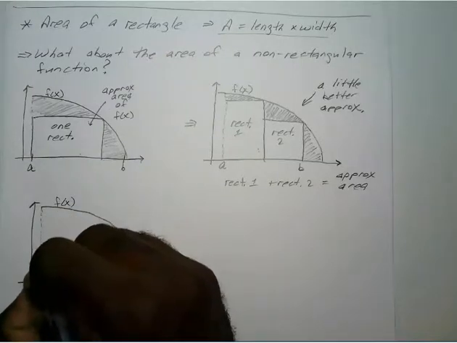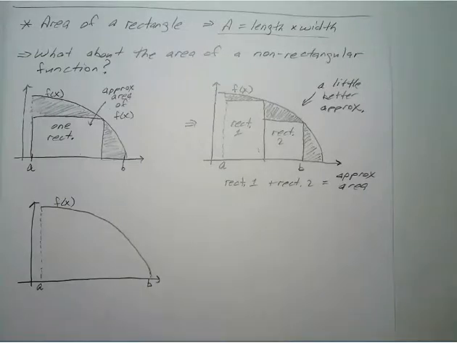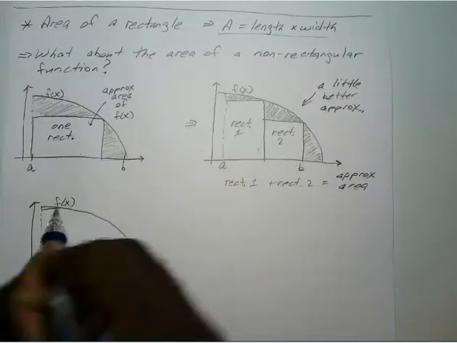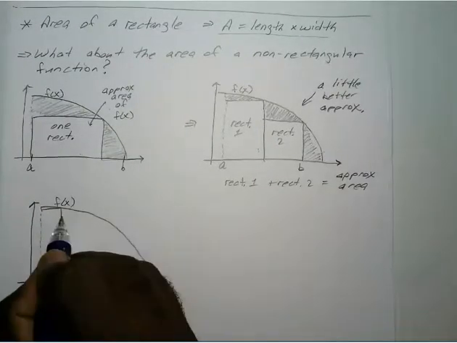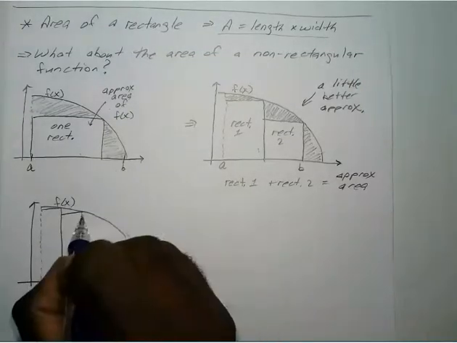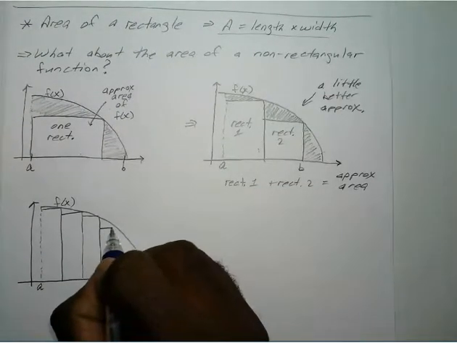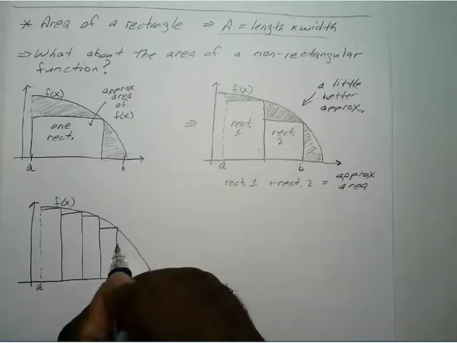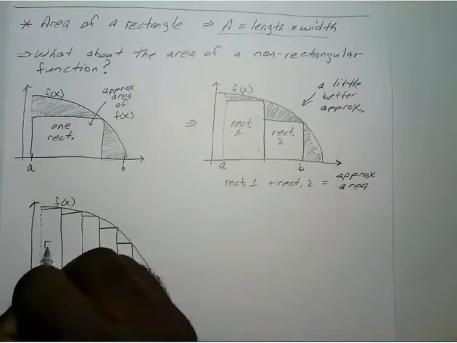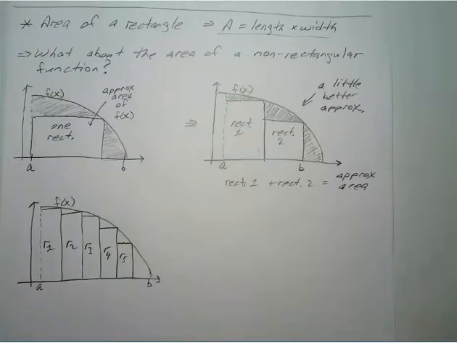So if we go between some x equals a and x equals b, let's say we have rectangle number 1, rectangle number 2, rectangle number 3, rectangle number 4, and rectangle number 5.